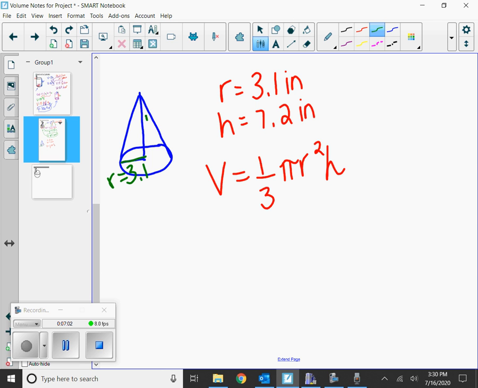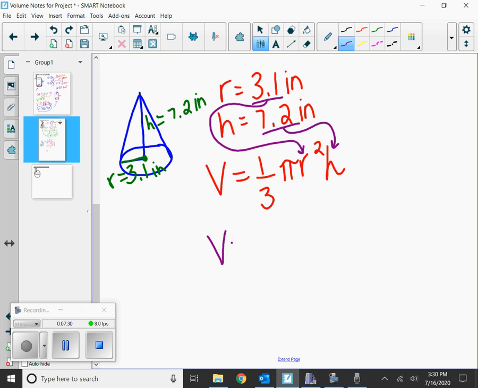And h, our height, is that tall section from the center of the circular base up to the vertex. H is going to be 7.2. We could even include our units on our picture as well. Now we're going to plug in 3.1 for the radius and 7.2 for the height. Everything else should remain the same.